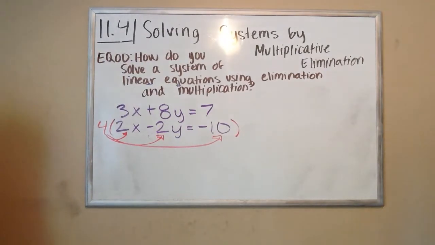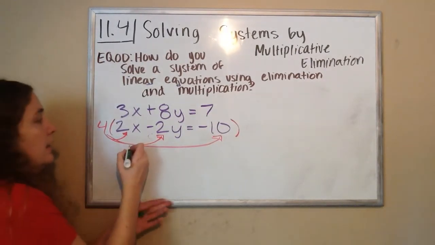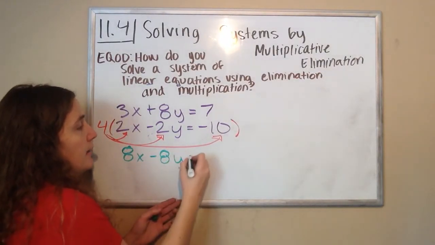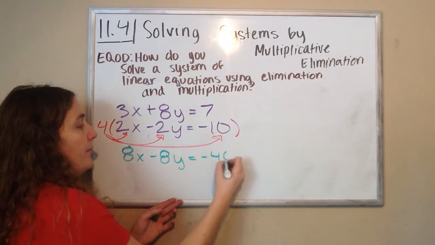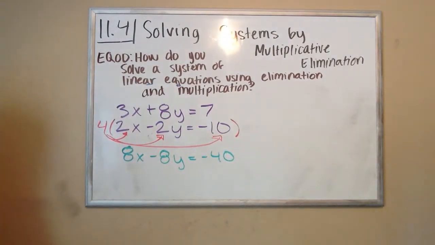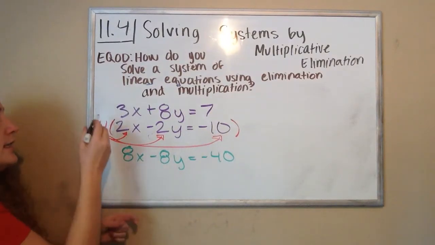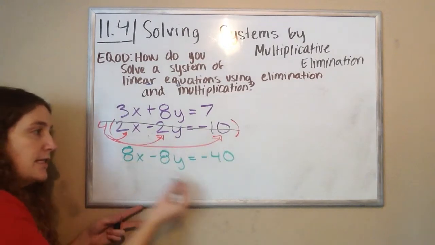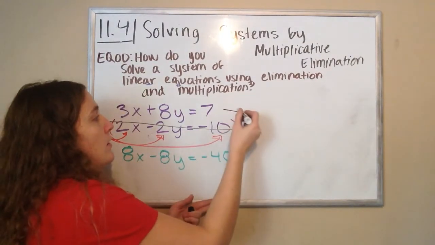When we do that, we get 8x minus 8y equals negative 40. Alright, so let's rewrite our new system of equations. We're not going to use the old equation anymore, because we want to use this one.